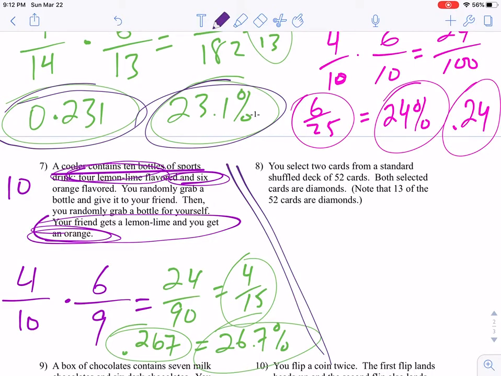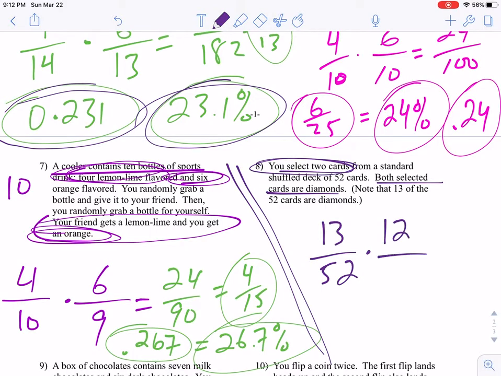Okay. So remember, you're selecting 2 cards, and we're pretending that the first one is a diamond and the second one is a diamond. So there are 13 diamonds to start with. That's your first draw. The second draw, you took 1 diamond away, so there's only 12 diamonds left. And you took 1 card away, so there's only 51 cards left.